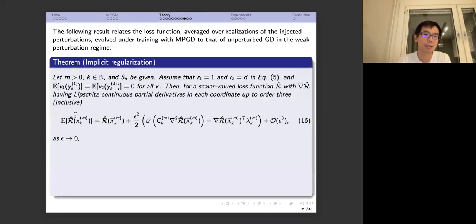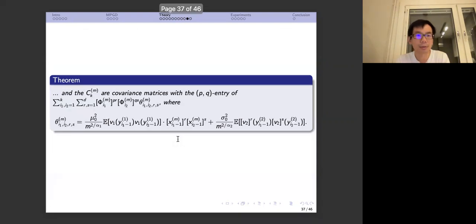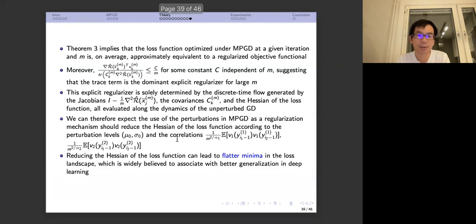We see that the average of the loss functions is the risk itself plus some terms. In order epsilon squared, there's a term that depends on the Hessian of the loss functions. Let me skip all this and look at this last sentence.